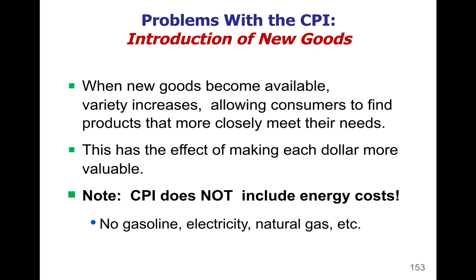Despite the fact that a big increase in your electrical bills or the gasoline you put in your car could have a significant effect on a family, the CPI does not include those. These particular energy prices tend to fluctuate very highly, and you tend to see big swings up and down with energy prices. And the government does not want the CPI to fluctuate that largely.